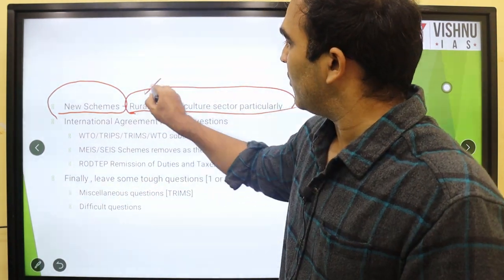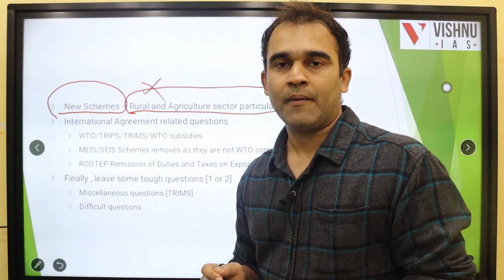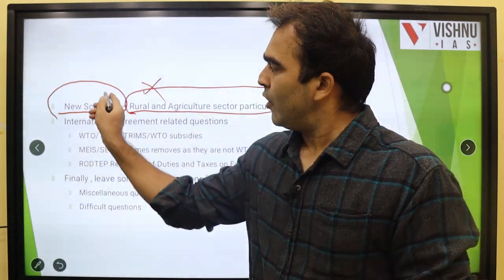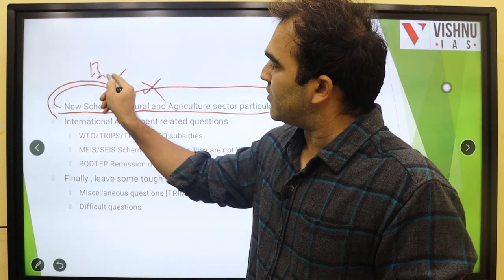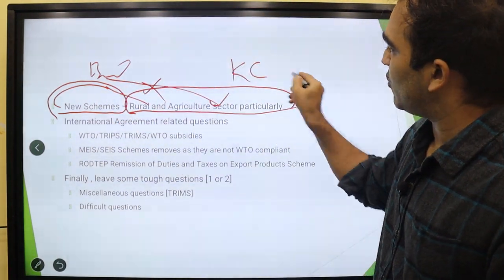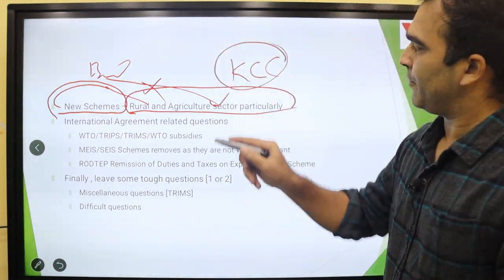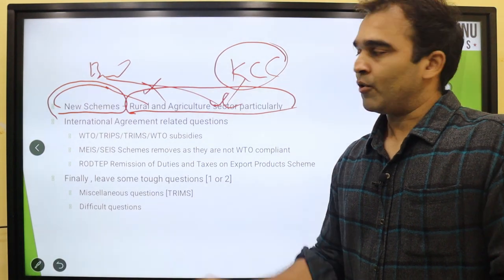If you ignore these things, you'll be losing marks there as well. So, new schemes: every year the budget will introduce new schemes in the rural and agriculture sector. The Kisan Credit Card scheme version in 2020 was a very old scheme, but certain changes were made. Agriculture sector, rural development.